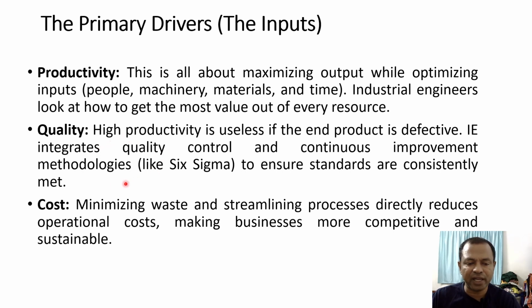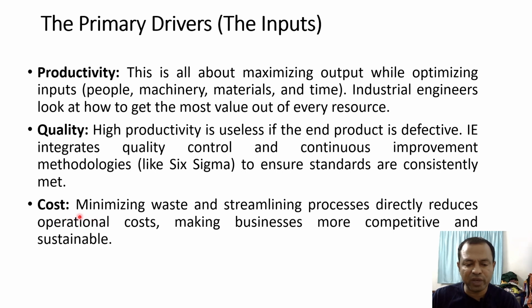So for that, many kinds of improvement methodologies like Six Sigma are there. So that will ensure that quality is maintained. And then cost. If the cost is increased when we increase the quality as well as the productivity, there is no use.